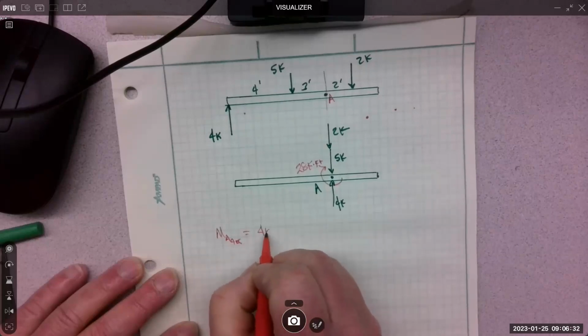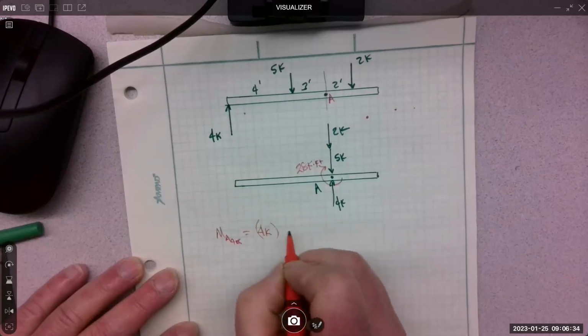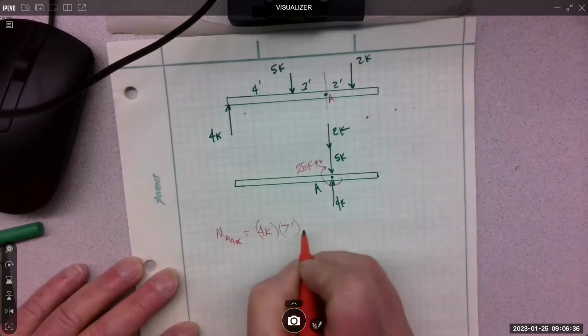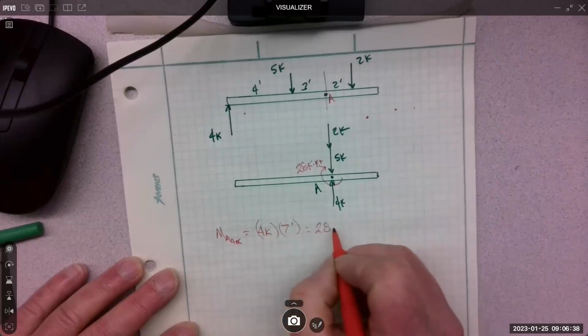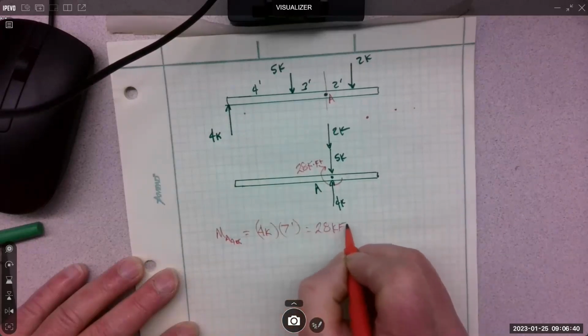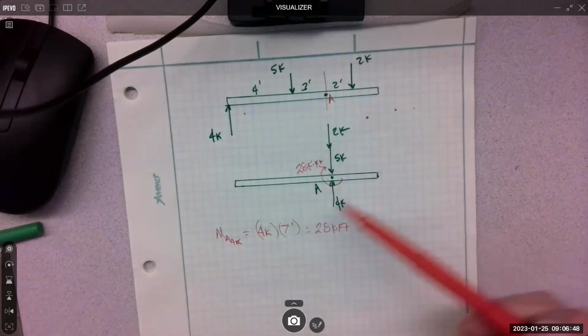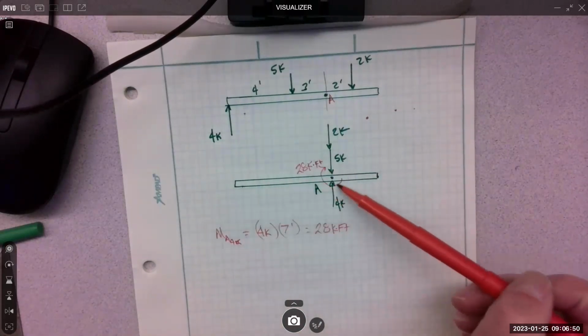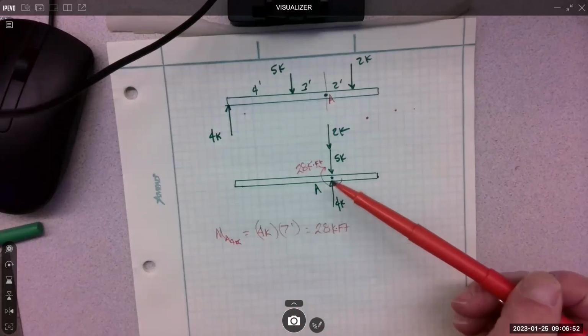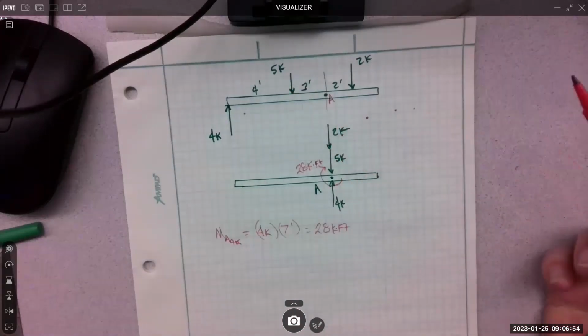It's 4K times 7 feet, which is 28 kip feet. So graphically, you can draw it like this: I moved the 4 over here, I got to bring the rotation with it. Now I want to move the 5 over.